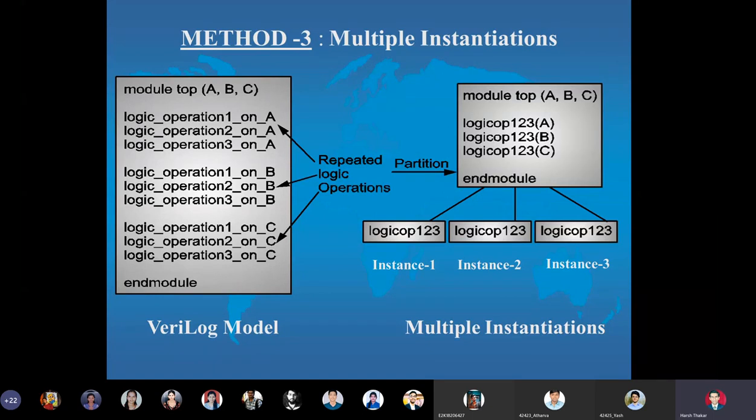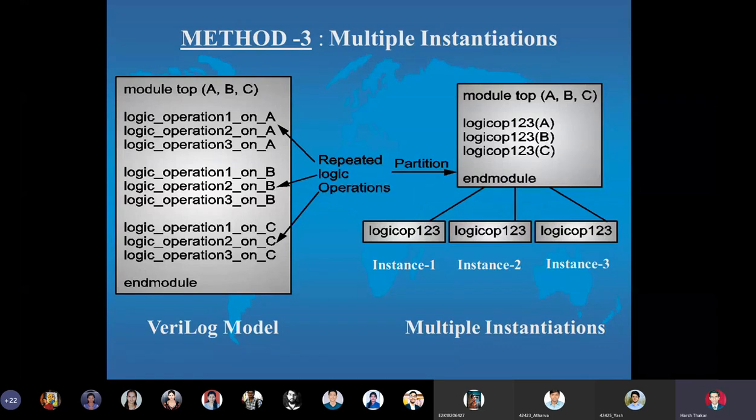I repeat, in front of us we have a single module in which 3 logical operations are repeated 3 times. It may be possible that these same 3 operations are also performed in different modules, because a big system is a combination of different modules. So there may be repetition of logical operations within a single module or also across modules.